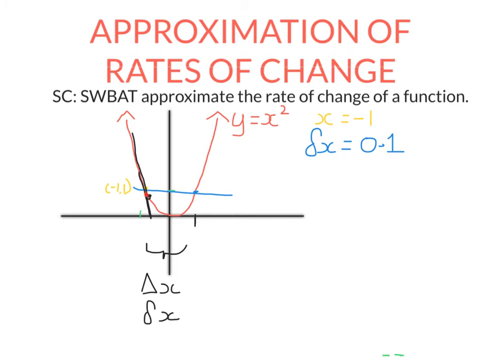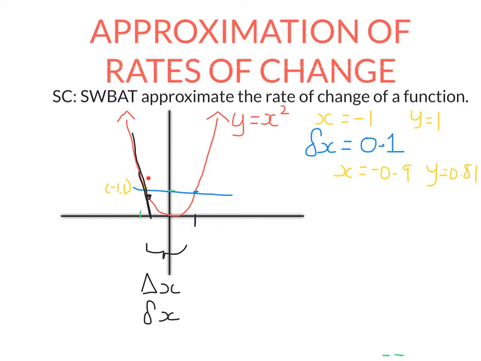That means the next point will be -1 plus 0.1. The next x value will be -0.9. Of course, when x equals -1, y equals 1. When x equals -0.9, y will be -0.9 squared, which is 0.81.